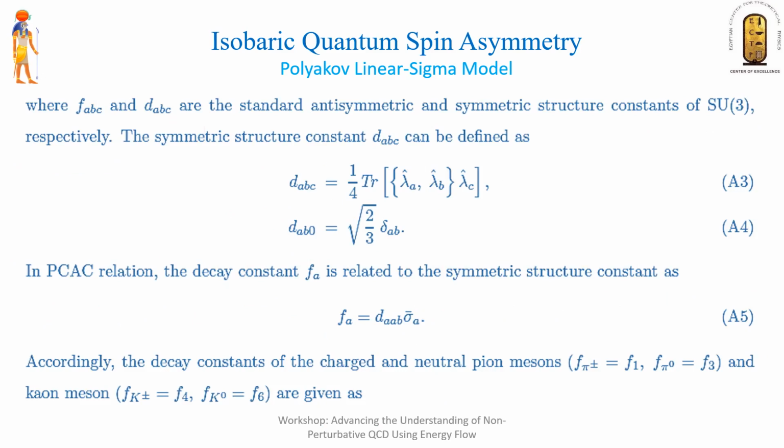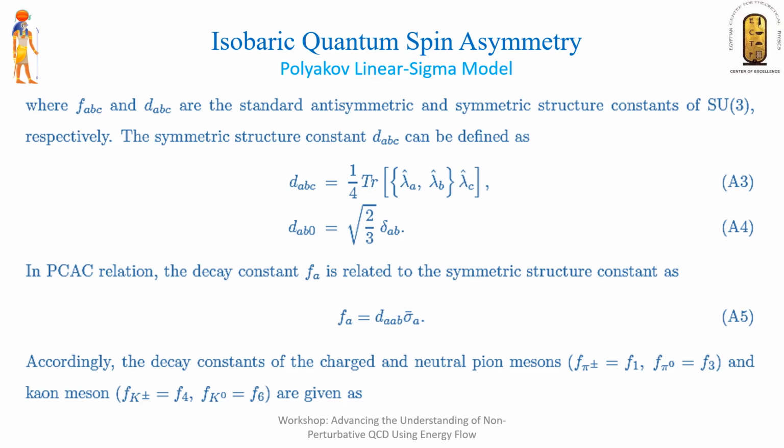Now, if we try to determine the different sigma 0, sigma 3, and sigma 8, we can start with the standard anisotropic and symmetric structure of the theory.